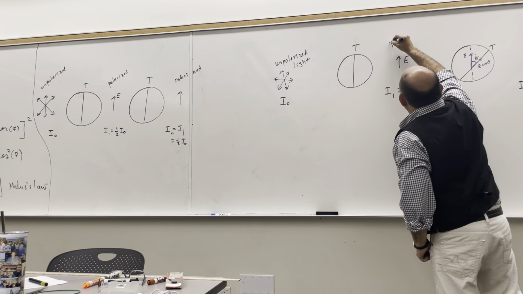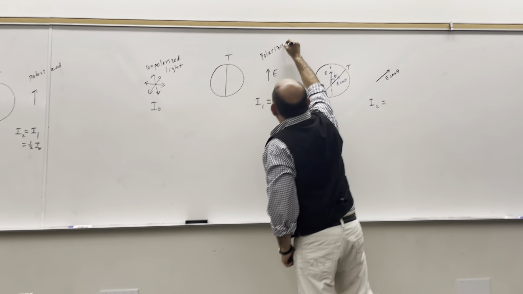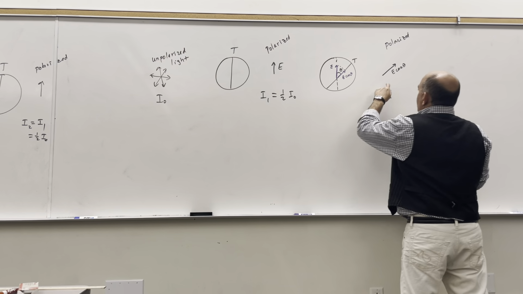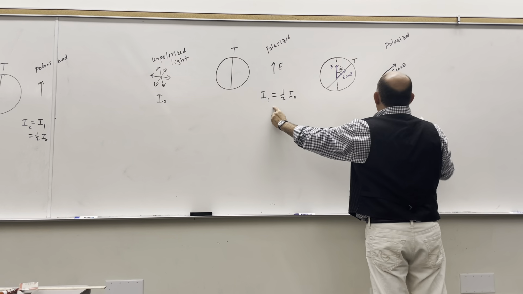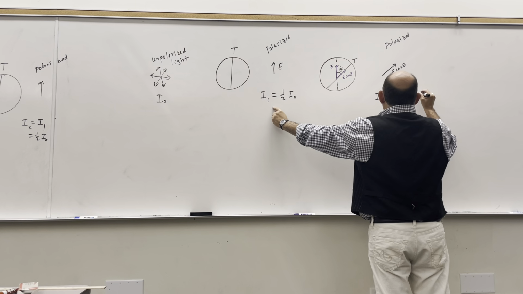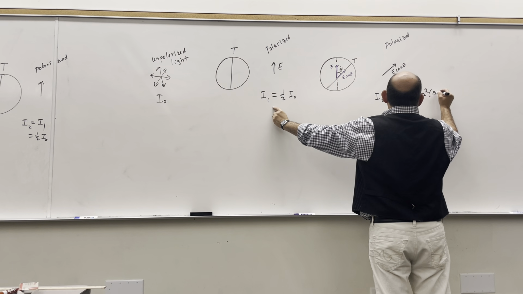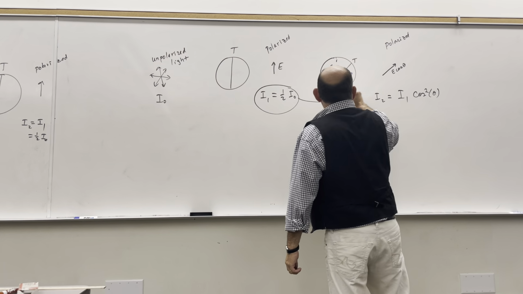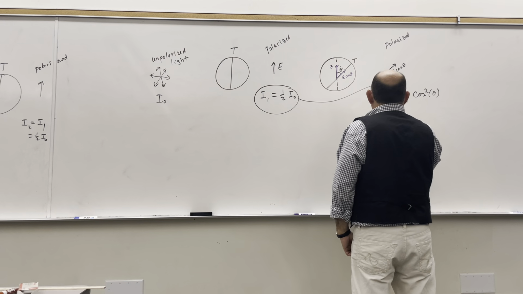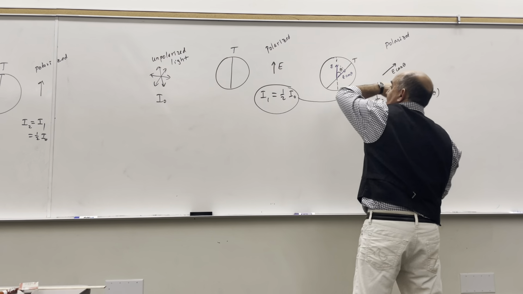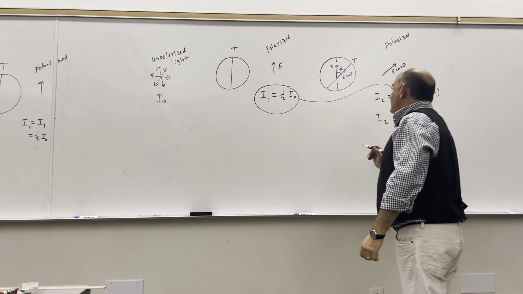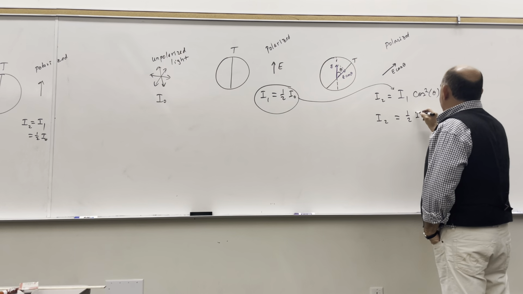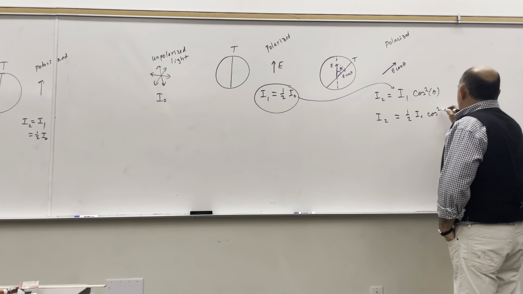This light is polarized, and this one is also polarized. So the intensity of this light is what was coming in, which is I1, by Malus's law times the cosine squared of this angle. Now I can plug this in here so that I can express the intensity of the light going through the second polarizer in terms of what was incident to the first polarizer, and this would be 1/2 I0 cosine squared of theta.